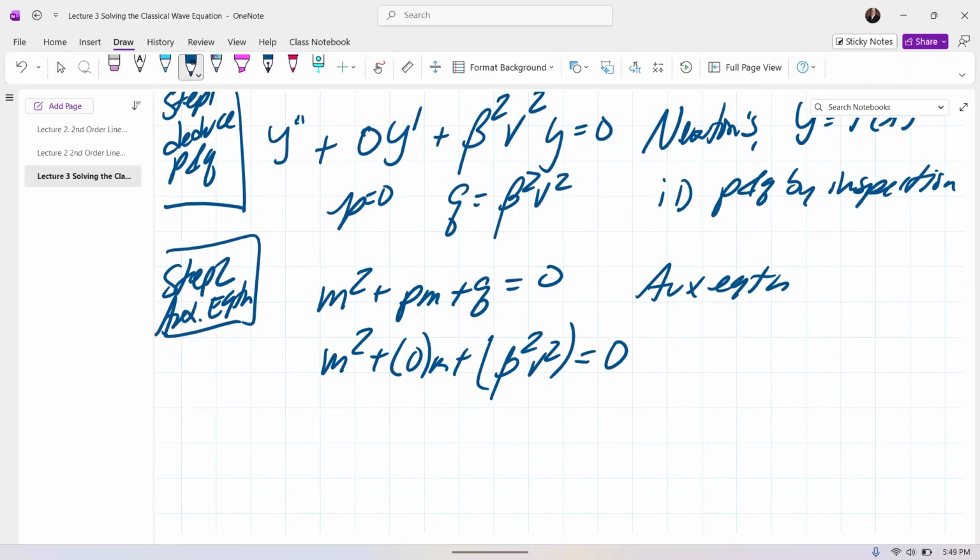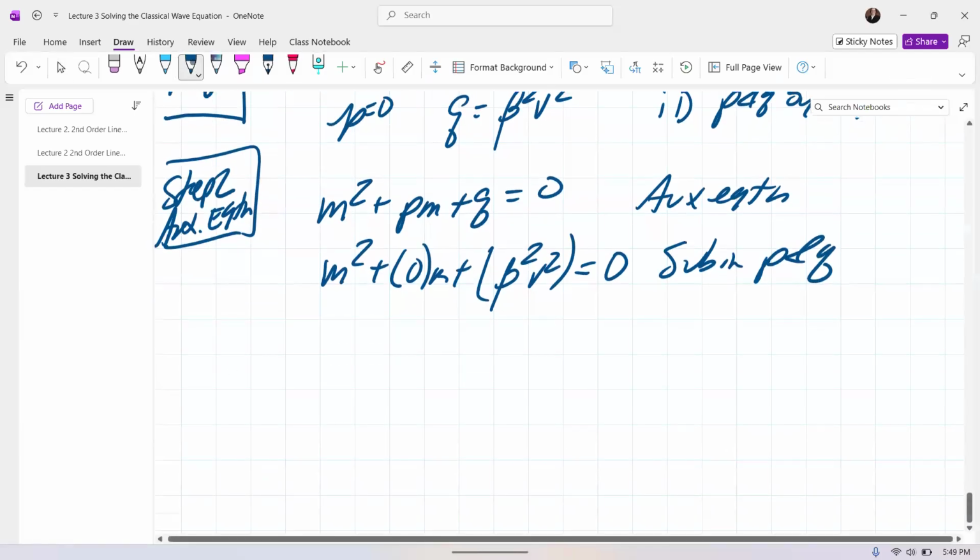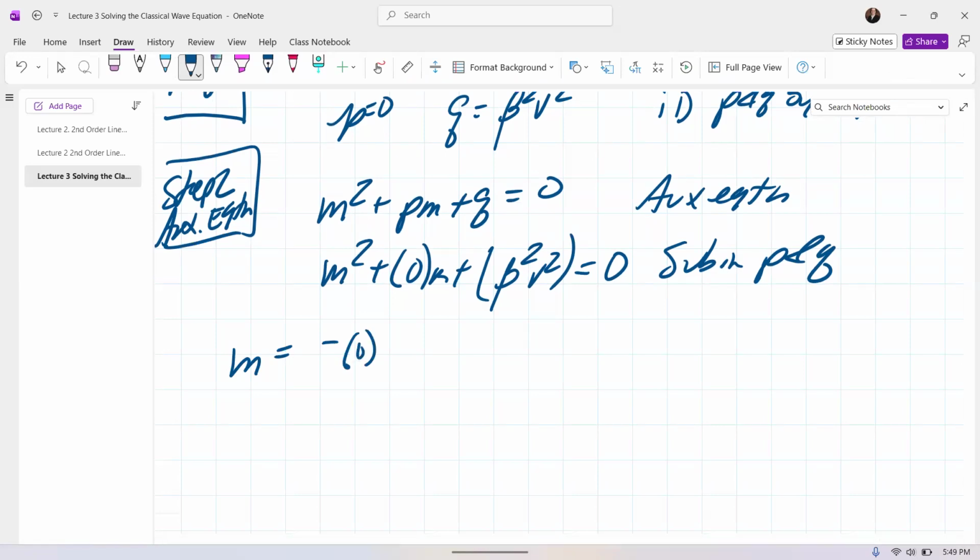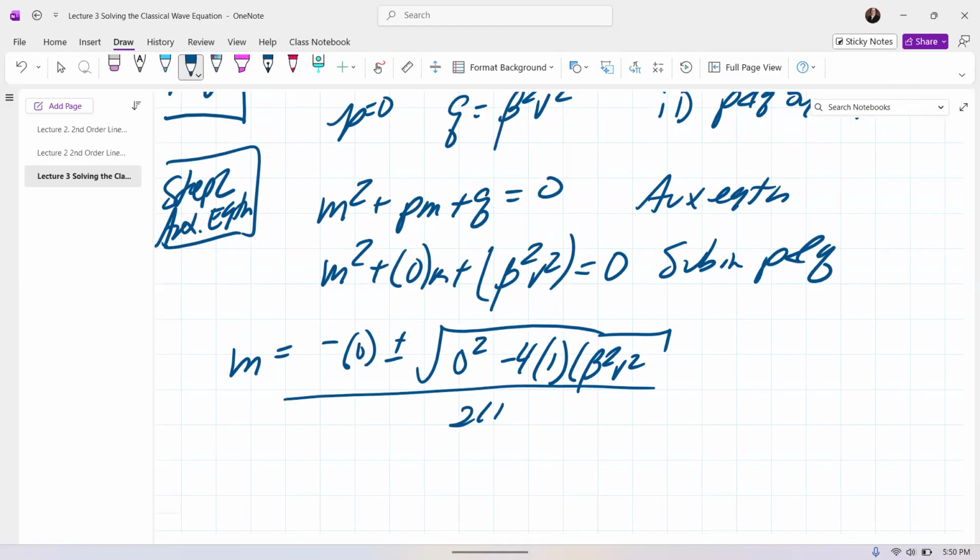This is sub in P and Q, just like we've done before. And now we're going to use the quadratic equation. M equals negative 0 plus or minus the square root of 0 squared, which is P, minus 4 times A, which is always 1 in these equations, and Q, which is beta squared V squared, all over 2 times 1. This is the quadratic equation.